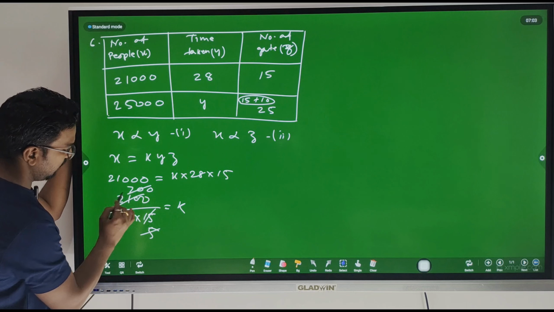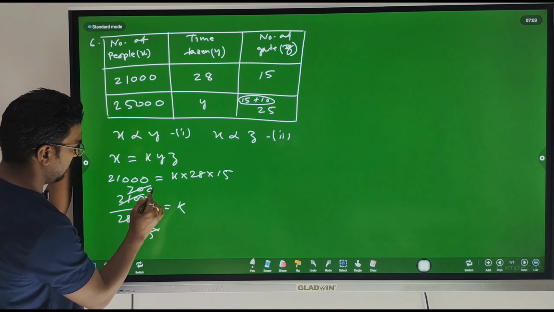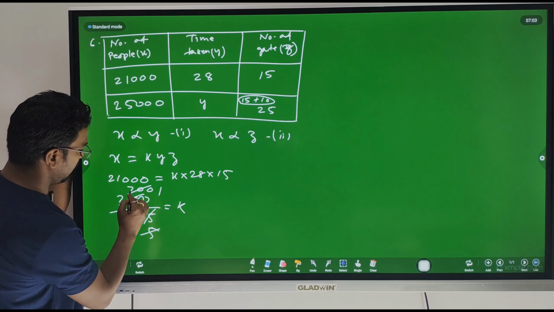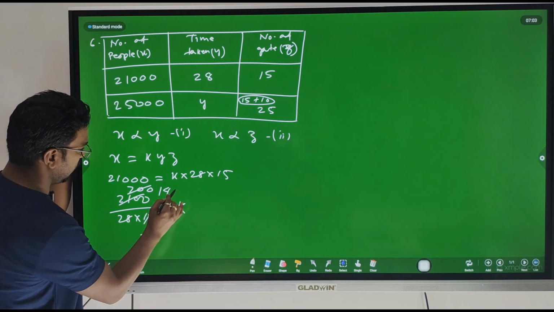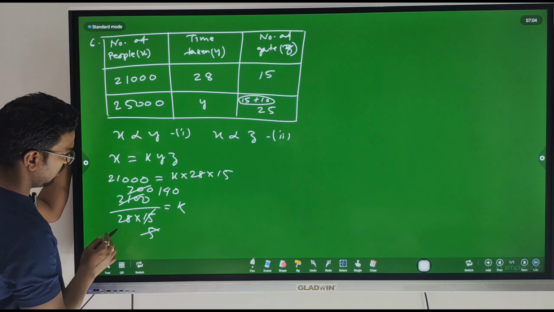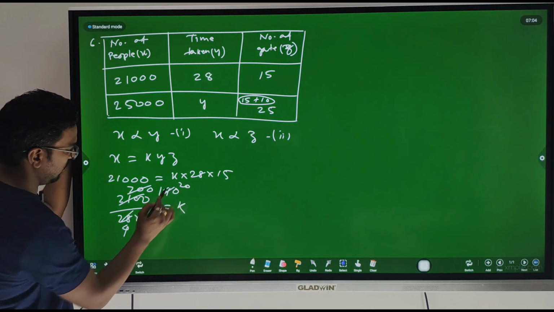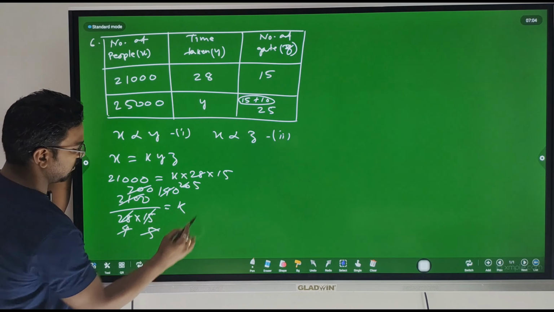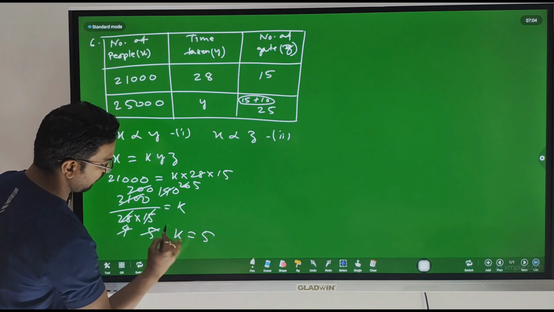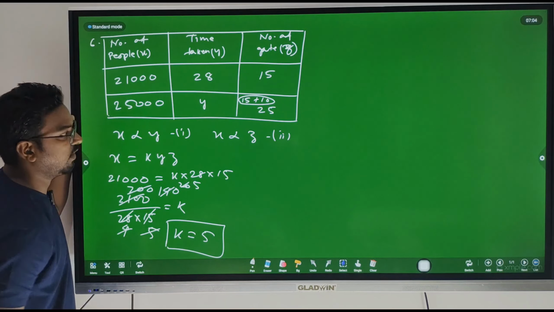Again 5 how many times? 5 1s are 5, so 20 4s are. Again you can divide by 7 4s are 28. Again 4 5s are 20. So k is how much? 5. We got the value of k, that is 5.